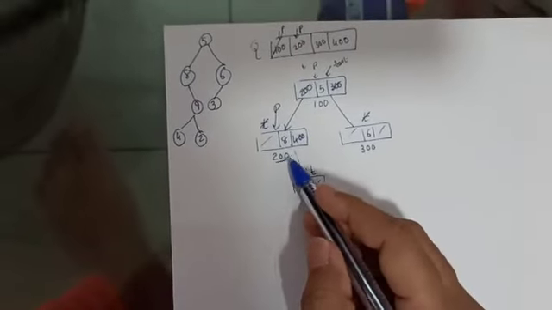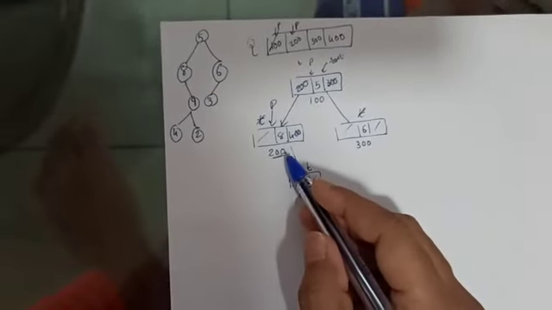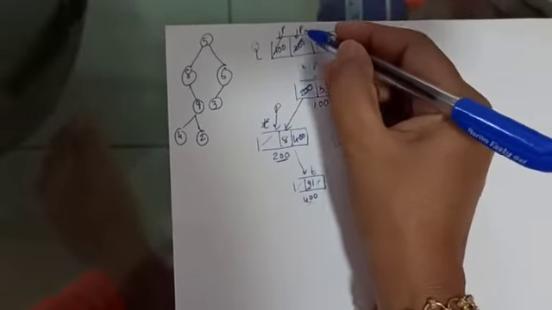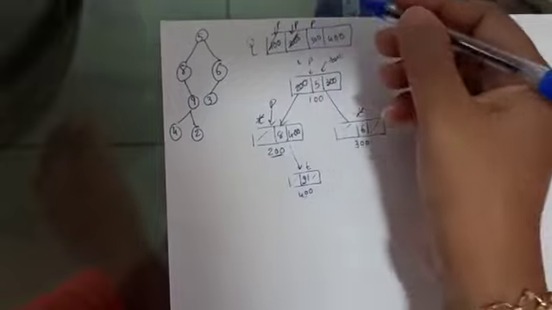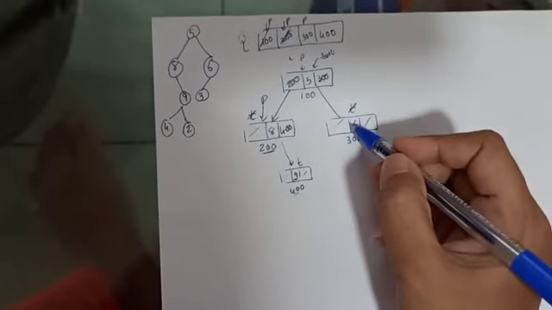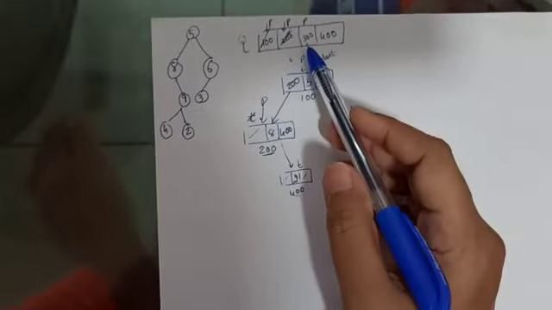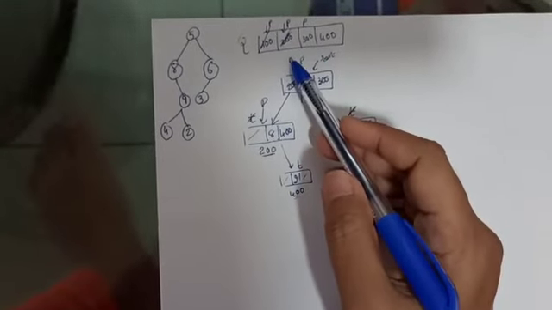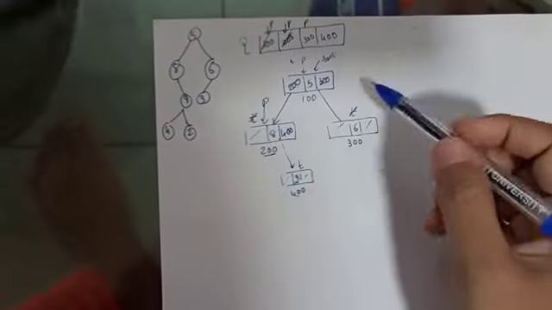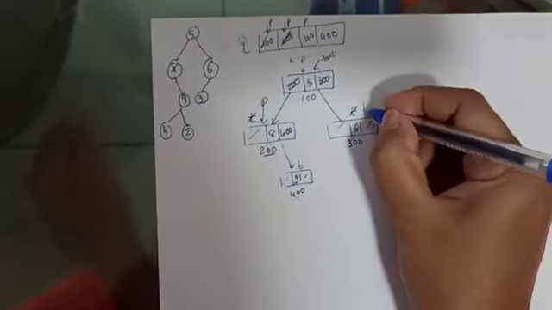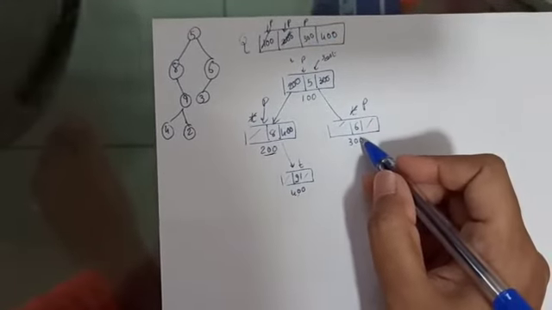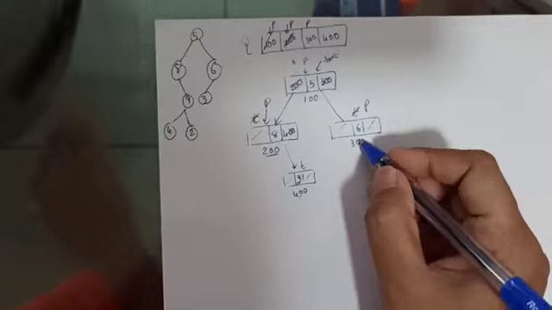Now we have processed 200. It is completed. Now we will dequeue the next node, that is 300. And I hope you are aware that a queue is nothing but a first in, first out data structure. So now p is pointing to this 300, and we will ask whether this node has a left child or not.